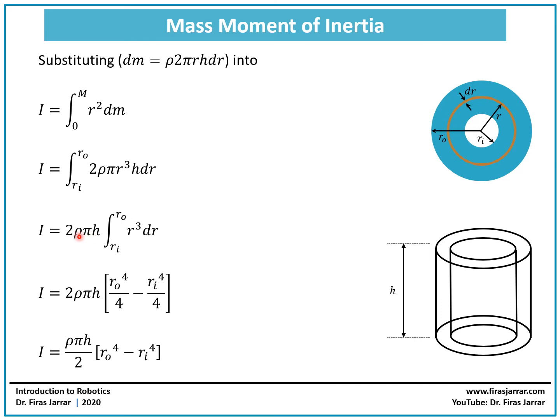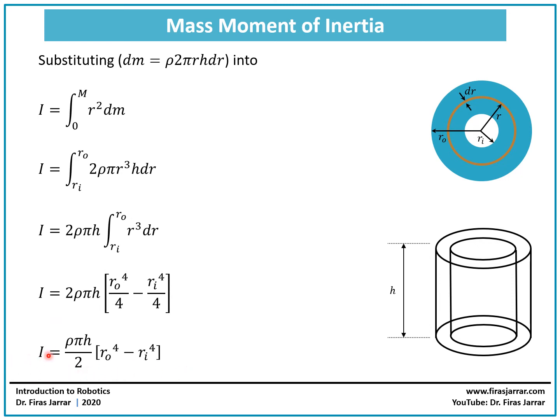All of these do not really depend on r, so they can be taken out of the integration, and you need to perform the integration of r cubed. Because it's a definite integration, it becomes the outer radius to the power 4 over 4 minus the inner radius of the cylinder to the power 4 over 4. And you can simplify this a little bit more, and you will get this formula here.